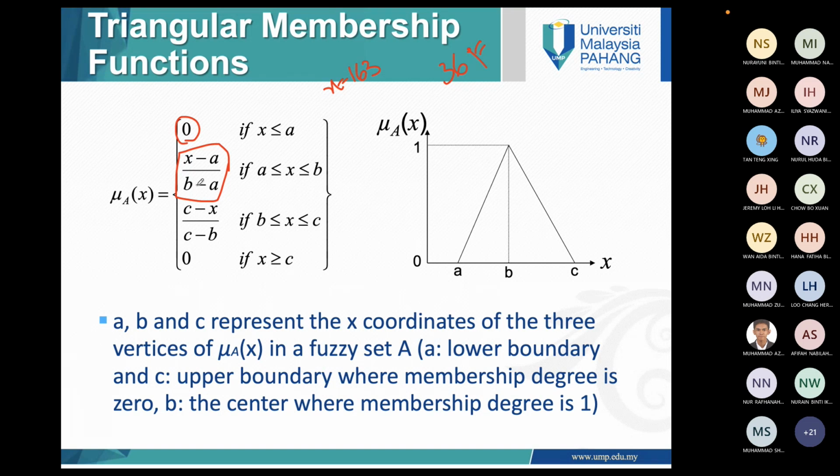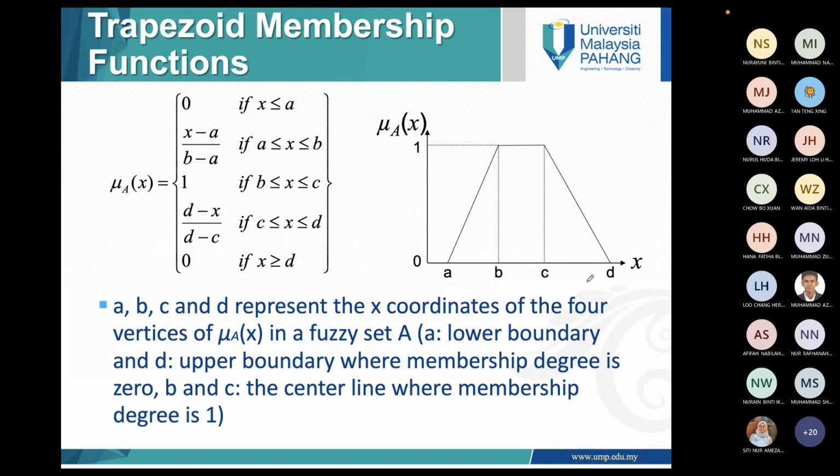How about x less than C and greater than B? We use this formula: C minus x over C minus B. And if x is greater than or equal to C, then it will always be 0. This is the A, B, and C value based on the problem given. So that is for triangular.